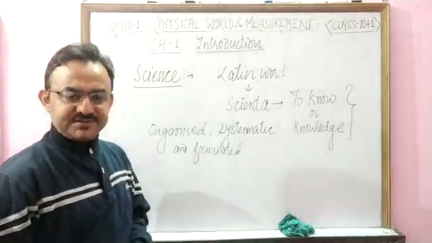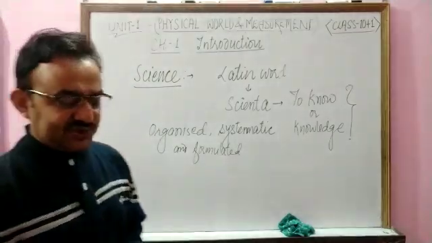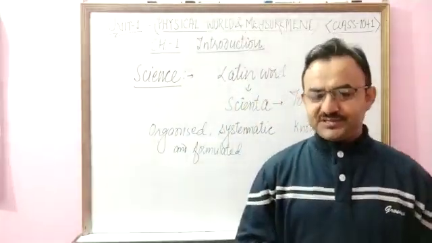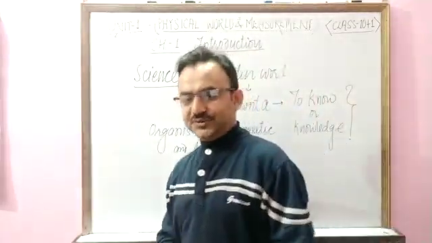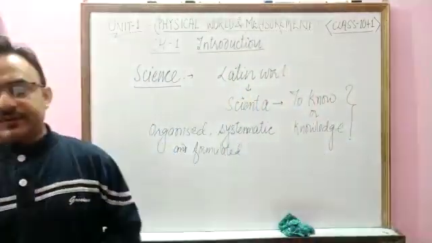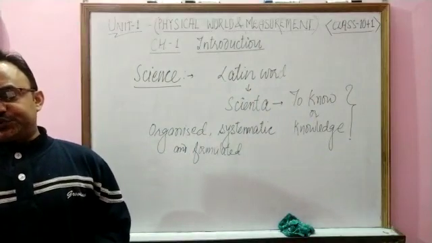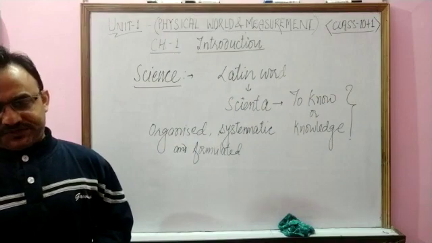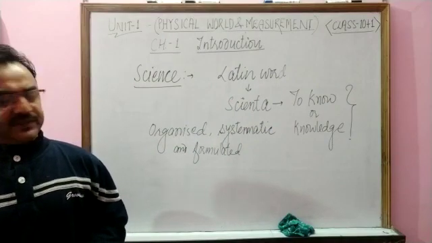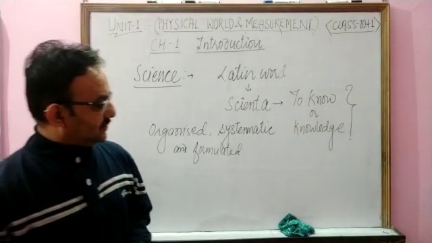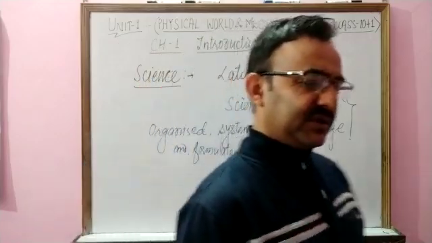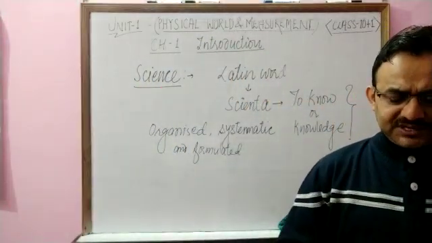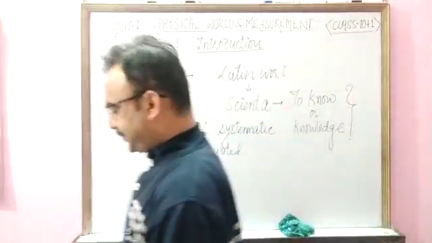Is it clear? What is science? Science is an organized, systematic and formulated knowledge obtained through observations, experiments and verifications. Different scientists have given their own definitions about the term science.